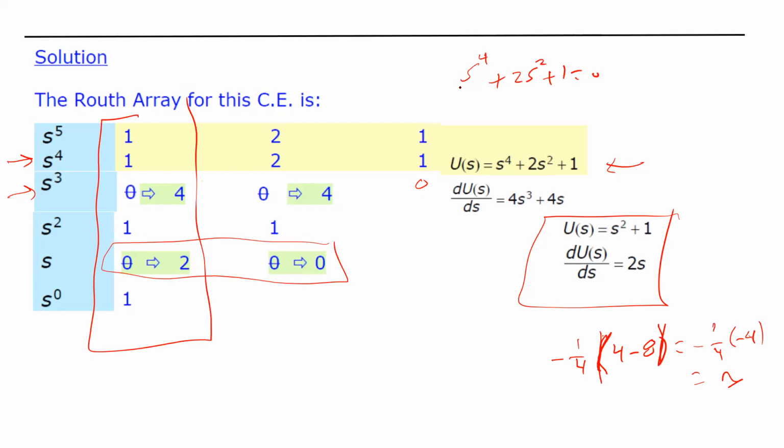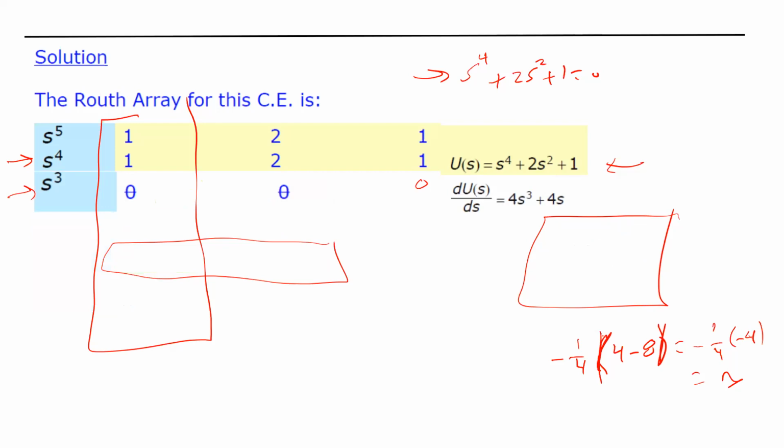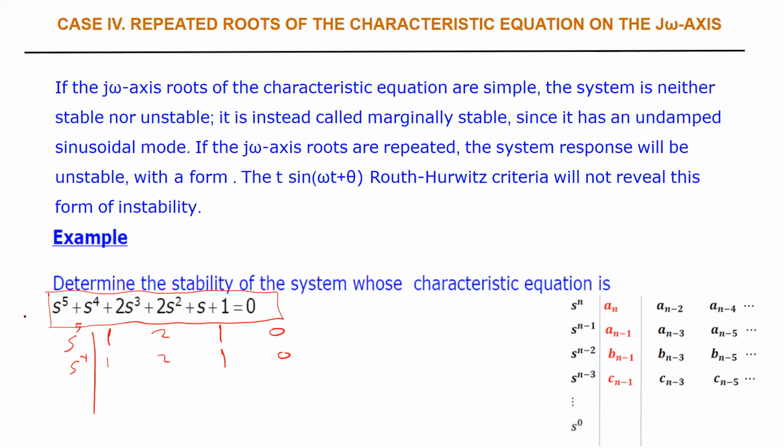Let's look into the auxiliary equation here. This is the auxiliary equation, which we said is part of the characteristic equation. If I divide the characteristic equation by the auxiliary equation, I will have the rest of the poles of the system.